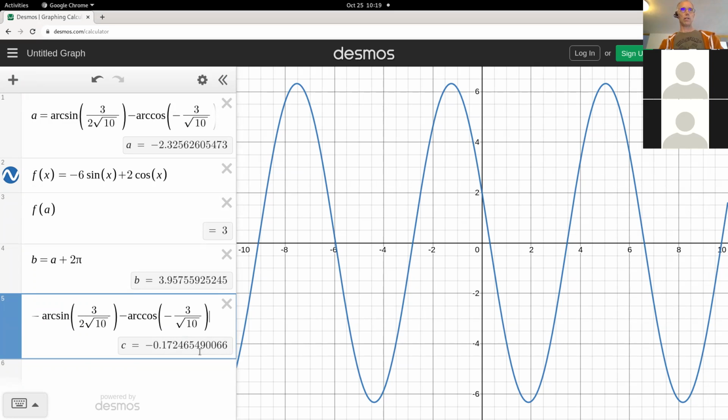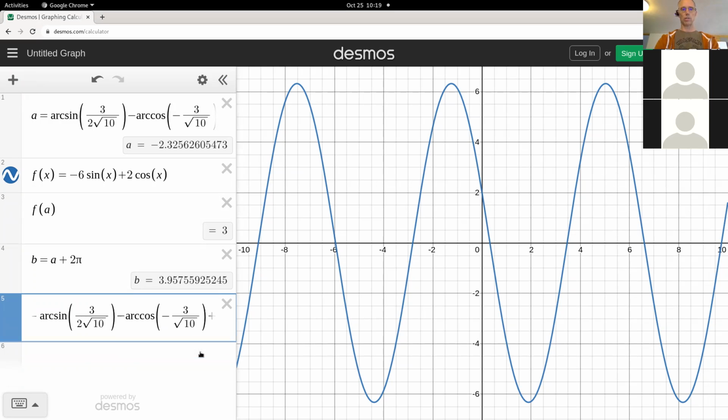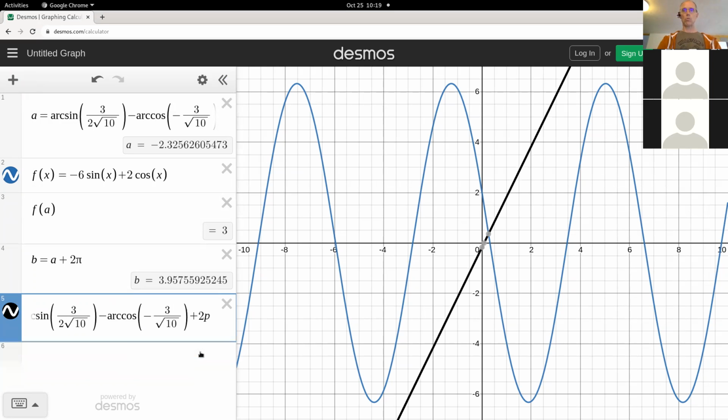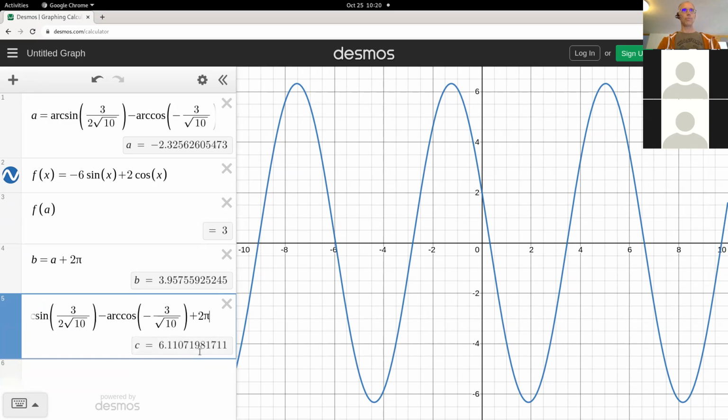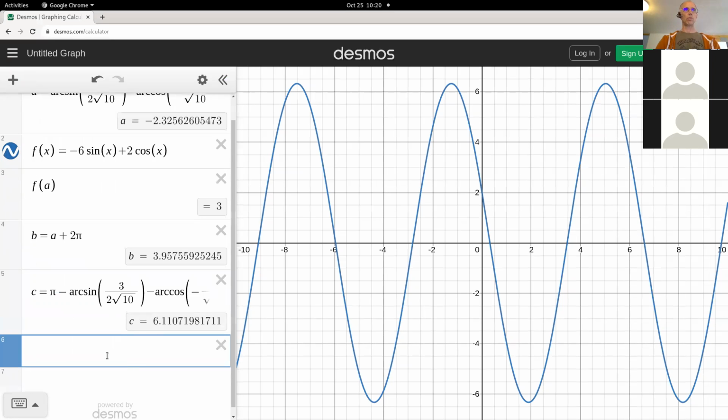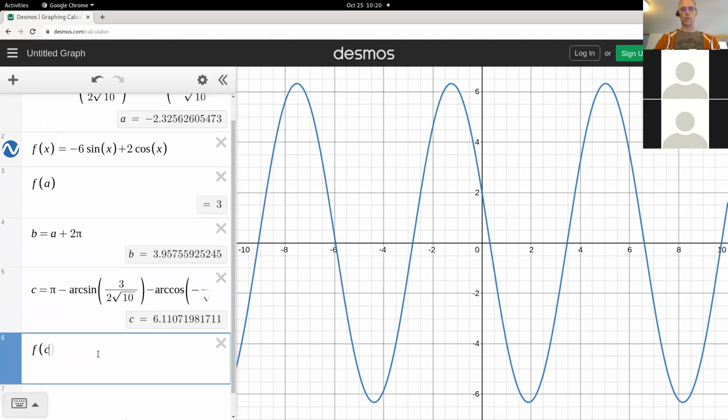And it's negative, so we would have to add 2 pi to that to move it into the positive range. So let's check that number. What is f of that number? There we have the 3. Okay, so my two solutions are the first one is 3.96, and the second one is 6.11 to 2 decimal places. So that one was a lot trickier.